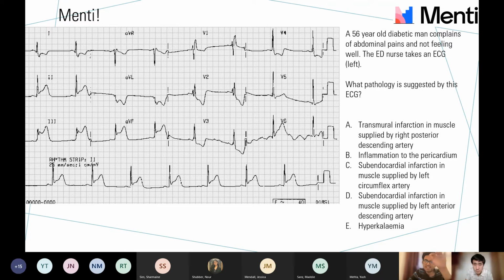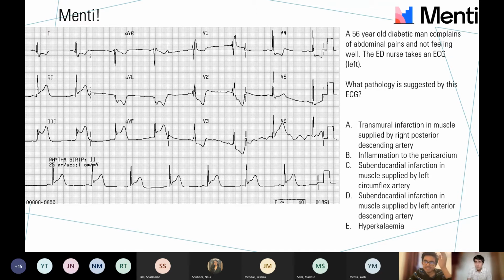This will be the majority of your ECG questions in an exam. We had like 5 of these in our year 4 paper. I don't know how many you had, James, last year. I can't remember, but a few. It's very high yield, so getting it right in your head is really important.